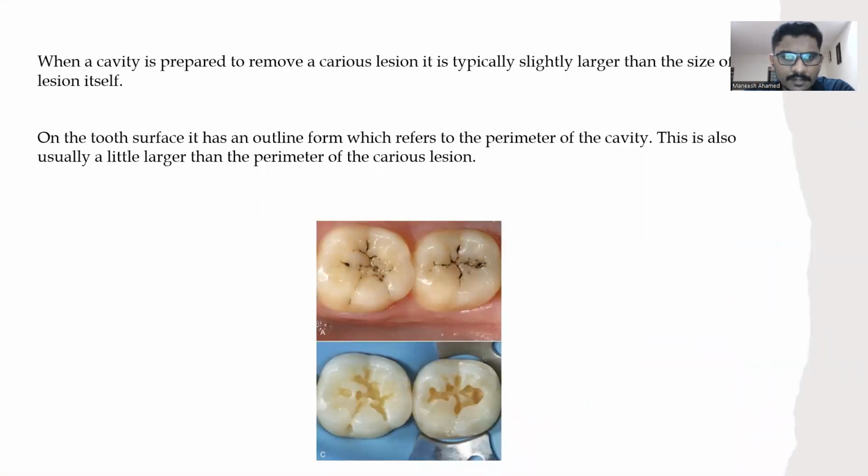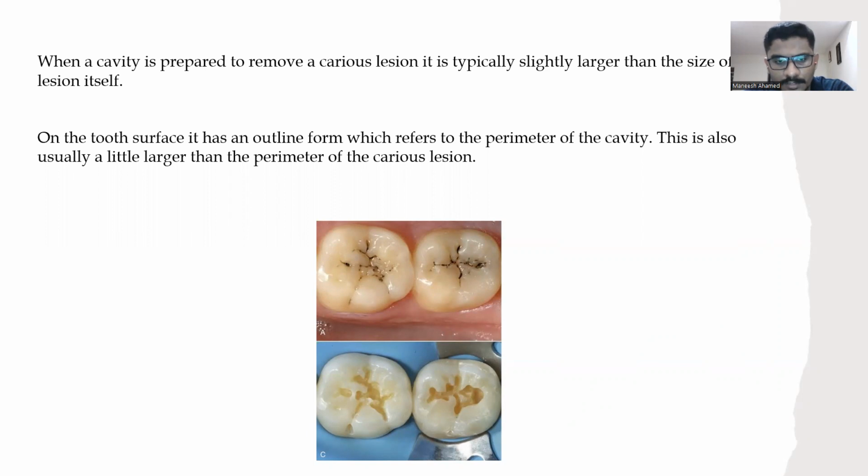When a cavity is prepared to remove a caries lesion, it is typically slightly larger than the size of the lesion itself. It is obvious that if you want to remove the dental caries, the cavity shape will be slightly more than the defect itself, because the margins of the cavity should rest on the sound tooth structure. On the tooth surface, it has an outline form which refers to the perimeter of the cavity.